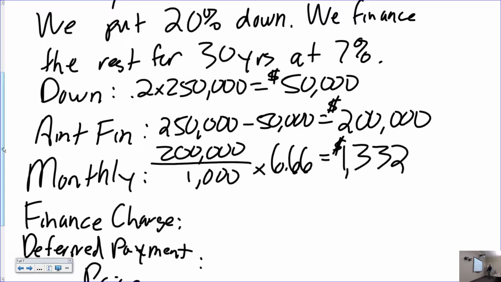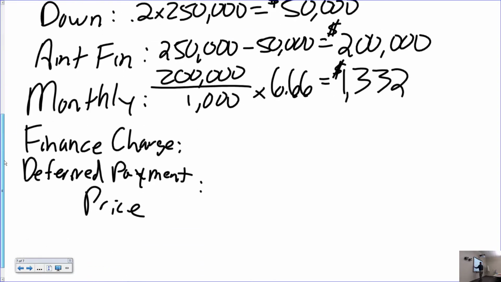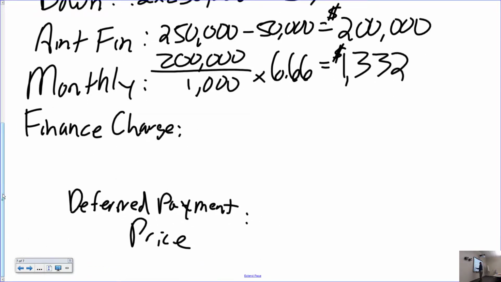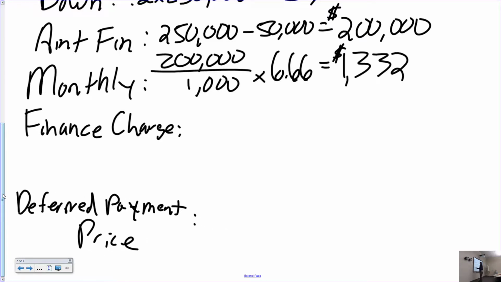All right, so how are we going to find out the finance charge for this now? It's exactly the same way. How much am I going to pay in monthly payments? $1,332.